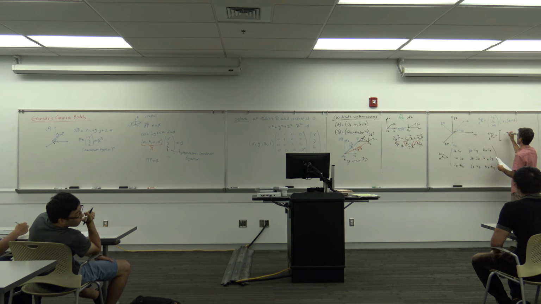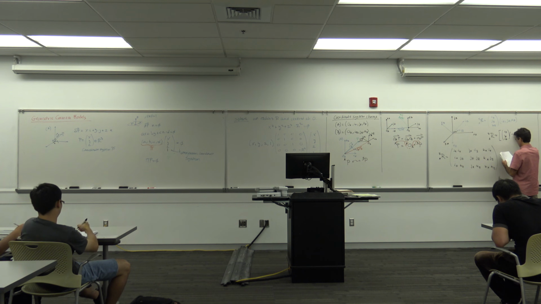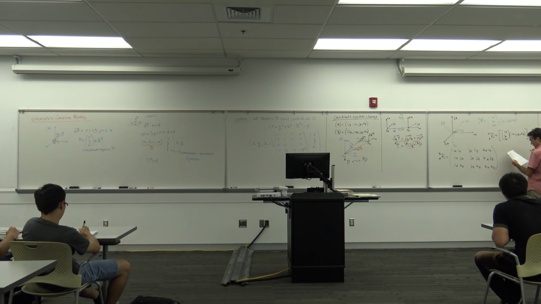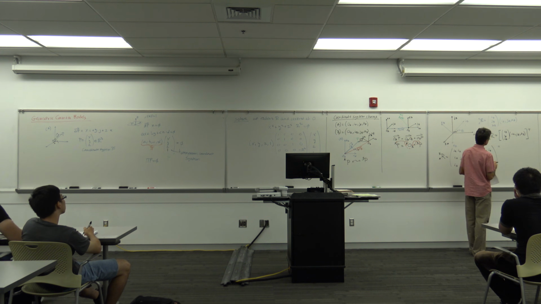So that is the same as, let's see, we have this form here. So I have IA, JA, KA times IB, JB, KB transpose, which is equal to, oh, actually, my bad.